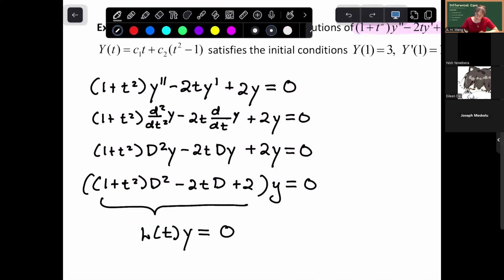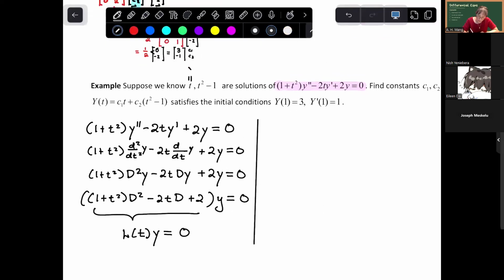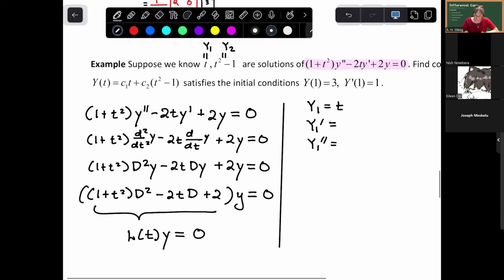Then you can also practice seeing whether these guys are solutions. You can call this guy y1 and this guy y2. So y1 is equal to t. Can somebody tell me real quick, what are the derivatives? 1 and 0. Perfect.